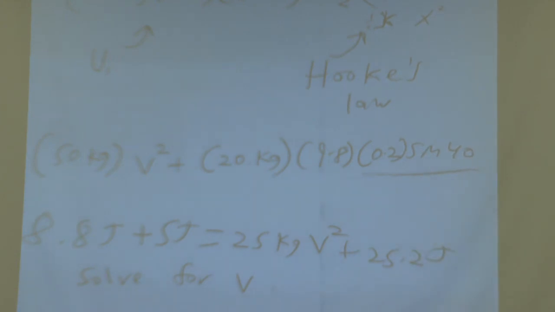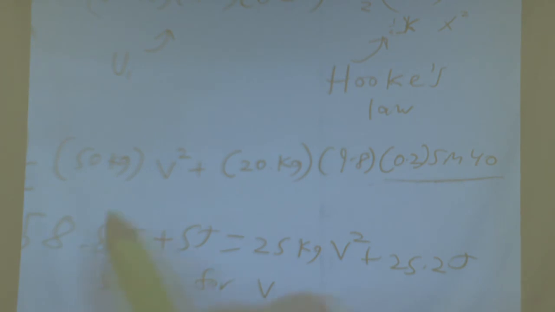All right, so originally the bigger block went up 20 centimeters, but we don't know exactly how high the little block went because it's on an incline, okay? Now, we're able to use this equation up here to calculate.